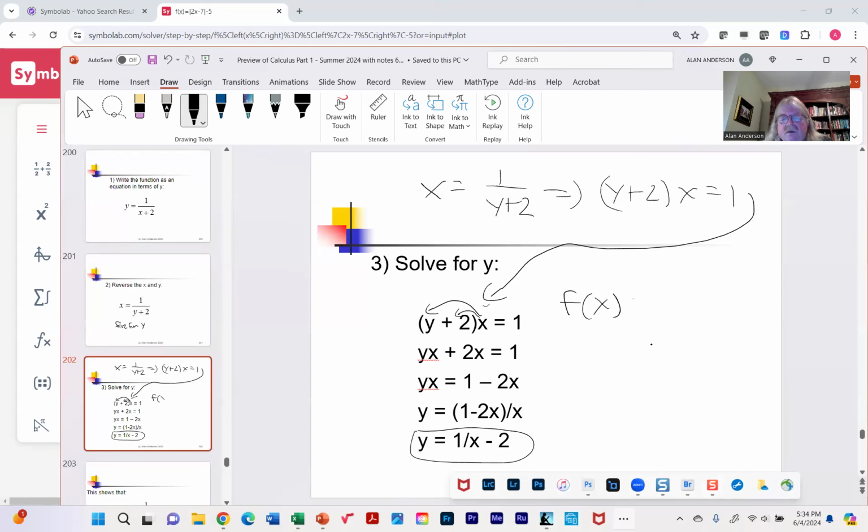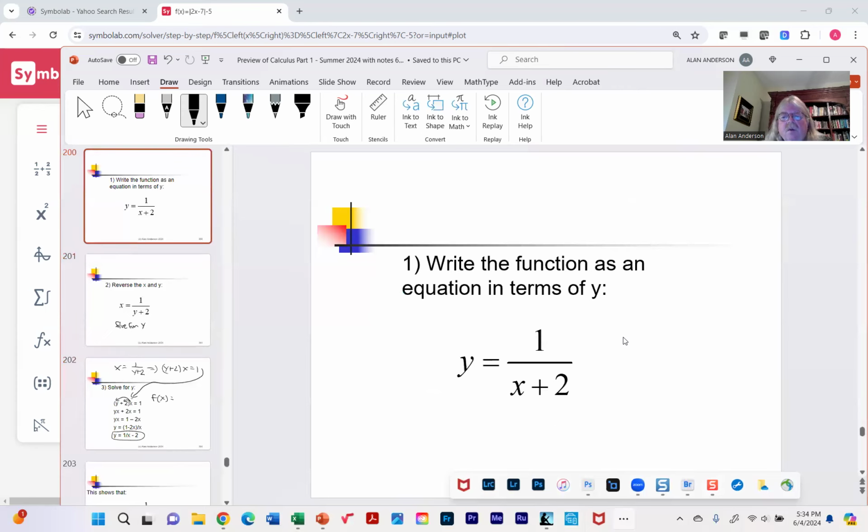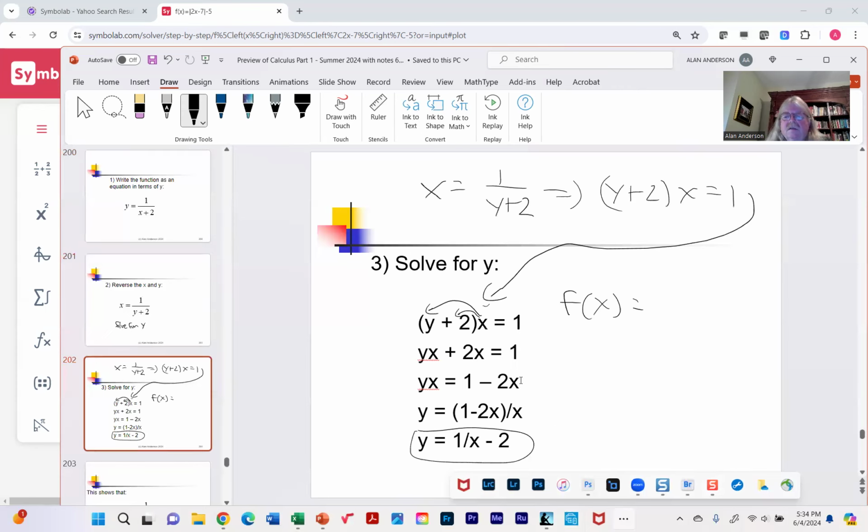So f of x was originally 1 over x plus 2. F inverse of x is 1 over x minus 2. And you can prove that with that technique I just showed you.